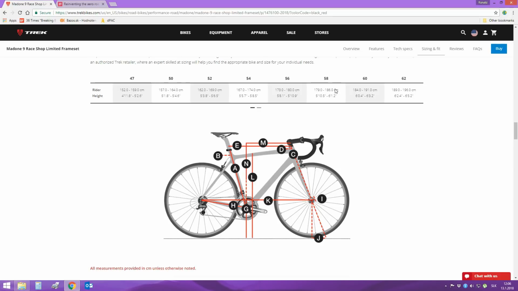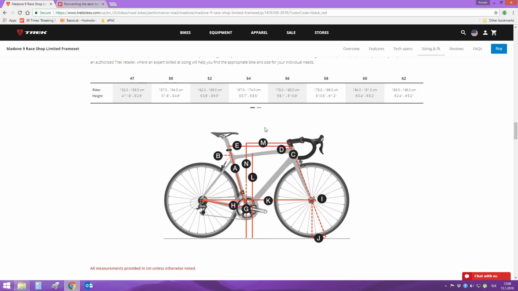So if you look at the Madone, we can see that 54 will suit me. If you look at the reach and stack numbers, 39, 53.1, and then look at the 3T frame numbers, we can see that the size medium is going to be very, very similar to that.